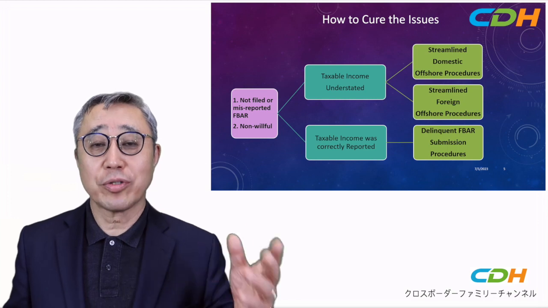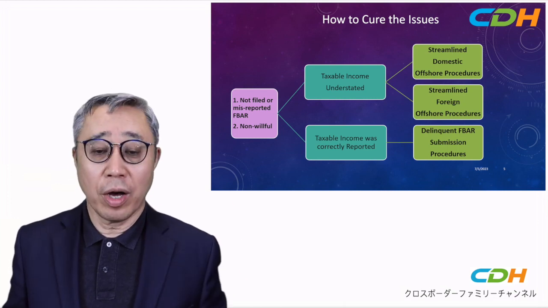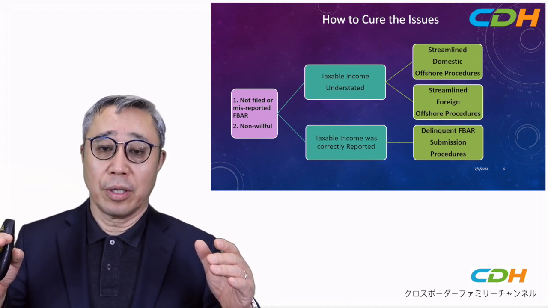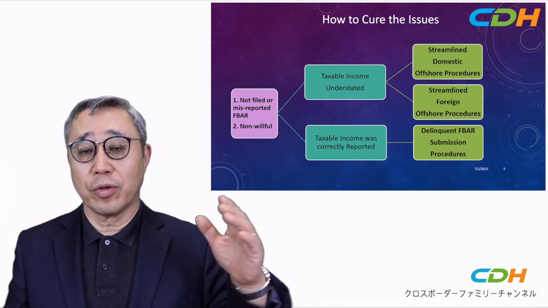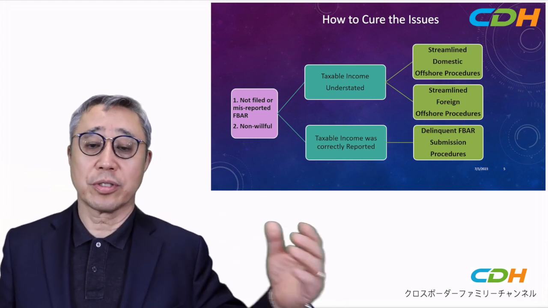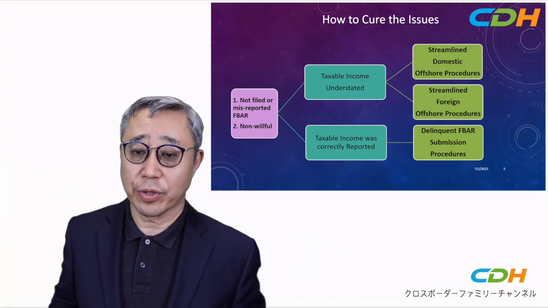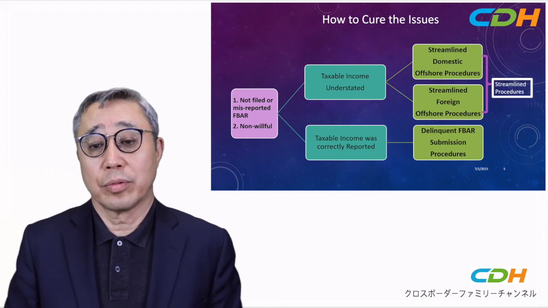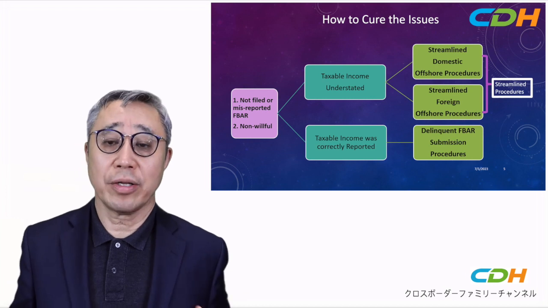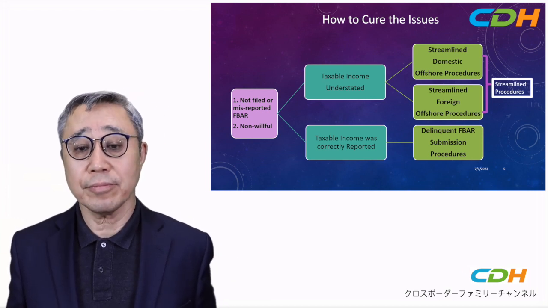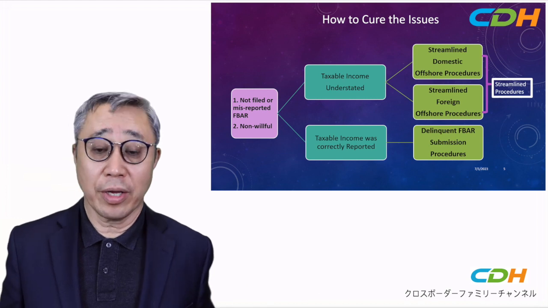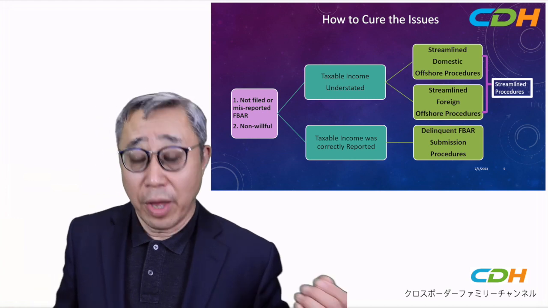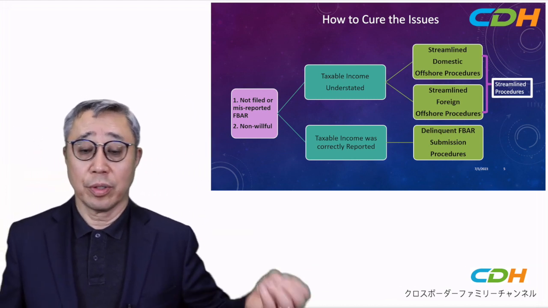However, the bottom line is, depending on the location where you live, it could be domestic procedure versus foreign procedure. In aggregate, people call these two methods the streamlined procedure. The bottom one, the third one, is called delinquent FBAR submission procedures.